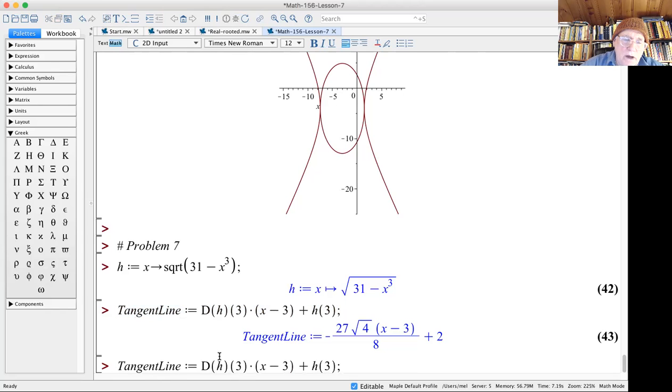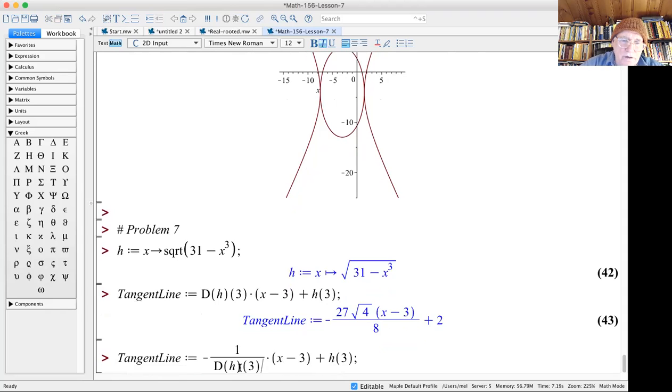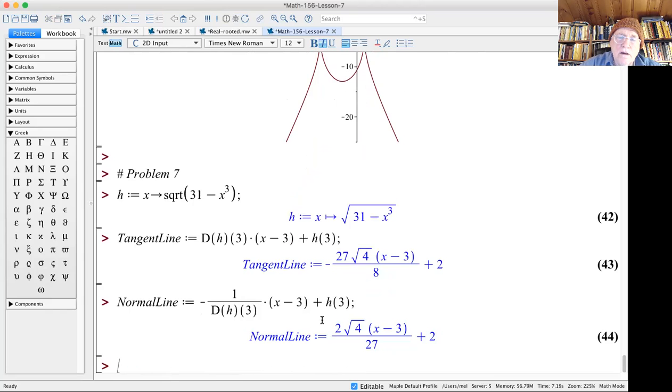And the normal line has slope minus 1 over the slope of the tangent line. So this is the tangent line. This is the normal line, we hope.